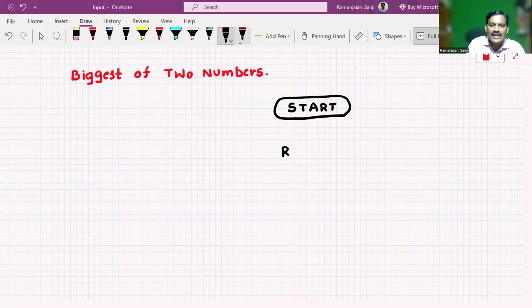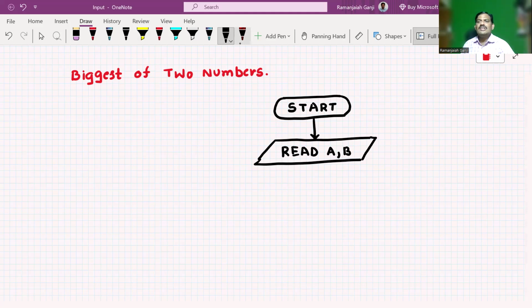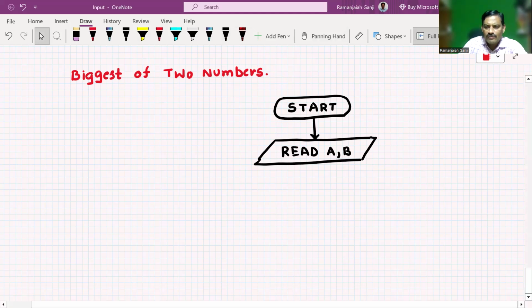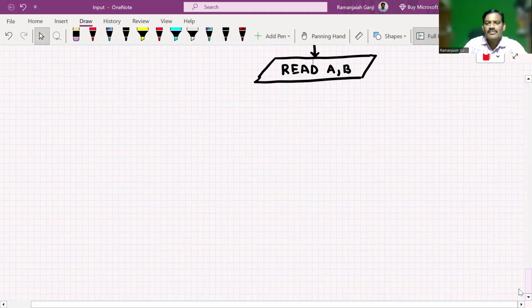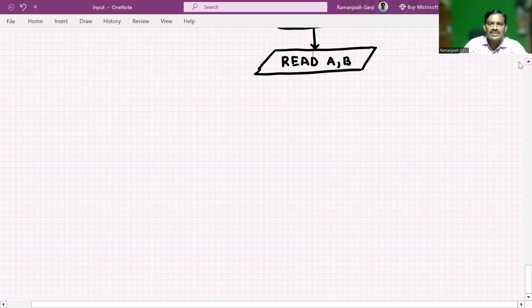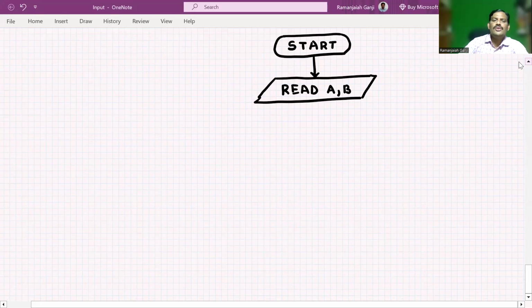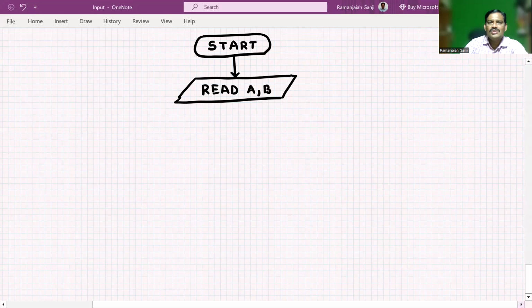Then you have to read two numbers, read A comma B, or you may write N1 and N2, or you may write X comma Y. That is our wish. Variable selection is our wish. And then, up to now, we have not utilized this symbol. If you want to find the biggest of two numbers, you need to compare these two numbers.